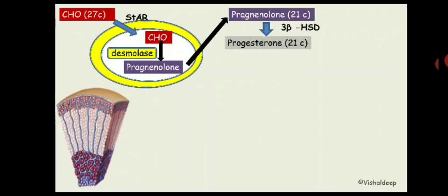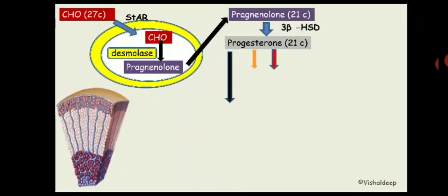Again, it is 21 carbon. Now this progesterone will eventually be made into 3 different types of hormone. This black arrow is going to make a mineralocorticoid, this orange arrow will eventually make the glucocorticoid, and the red arrow that I showed in this slide makes a sex hormone.